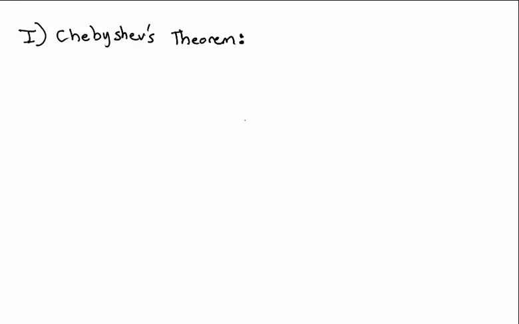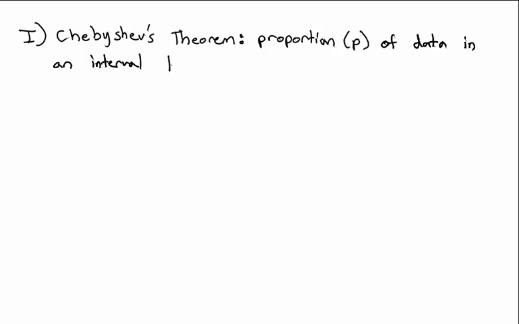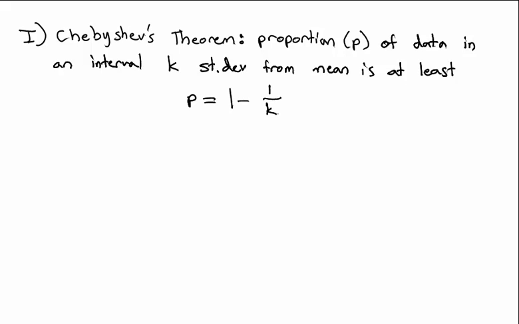And he found out that the proportion, we'll use P to represent the proportion, of the data observations in an interval that is k standard deviations from the mean is at least, and it could be more, P equals 1 minus 1 over k squared.